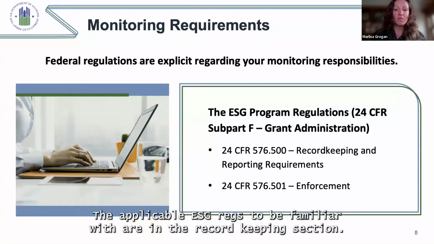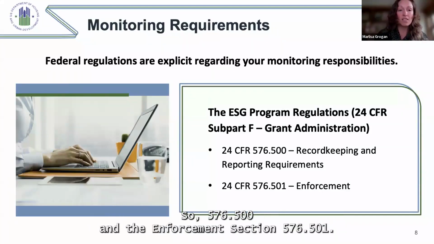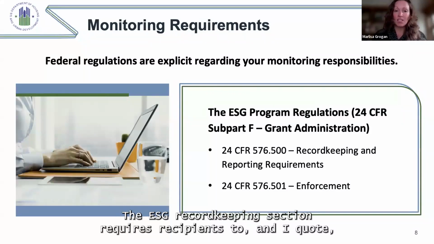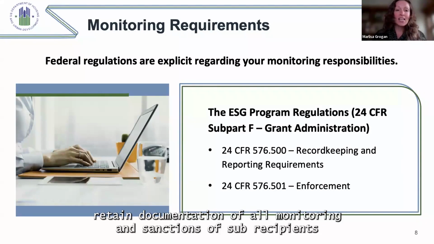The applicable ESG regs to be familiar with are in the record keeping section, so 576.500, and the enforcement section, 576.501. The ESG record keeping section requires recipients to, and I quote, retain documentation of all monitoring and sanctions of subrecipients.